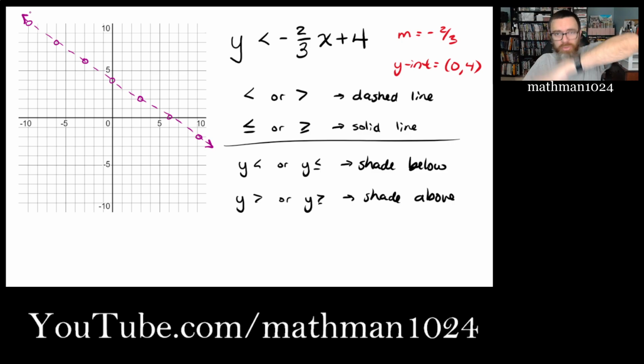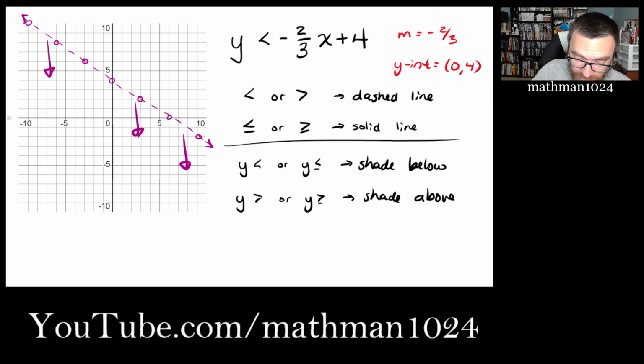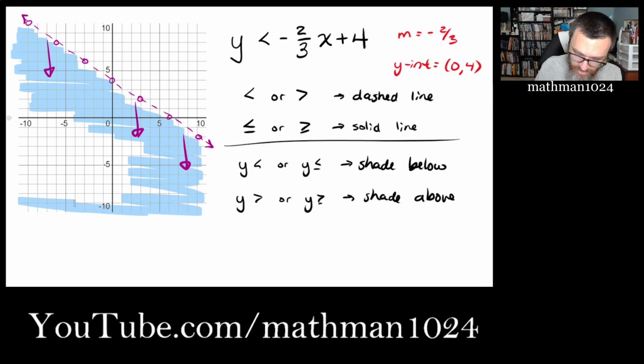So no matter where your line is, if I say below, pick a point here, and below means going down from that, whether it's going down like this or like that, doesn't matter, go down. So below is going to be below the line like that. I'm going to highlight everything that is below this line.